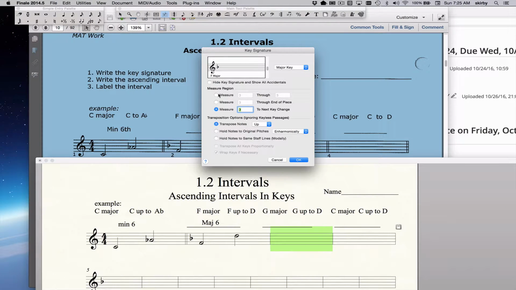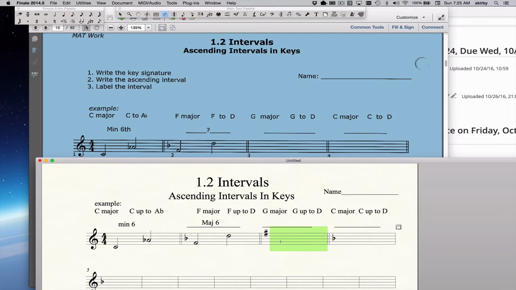I make sure I'm choosing only that one measure because I only want to change that one measure. And sharp keys are upward, so I click upward until I get to G major, say OK, and there's my G major key signature. Now, that's what you would do by handwriting. The only reason I'm showing you in Finale is to reinforce that skill, because we're going to be using it in Finale as well.